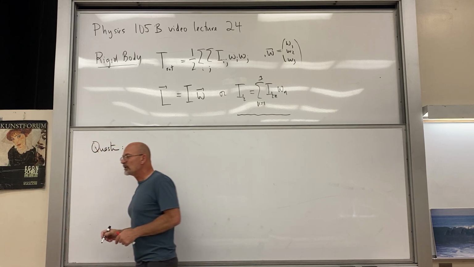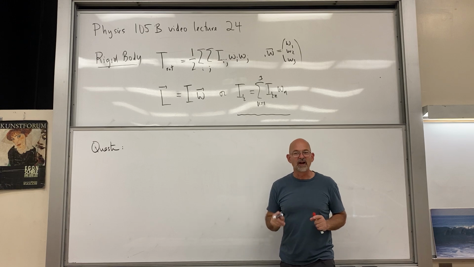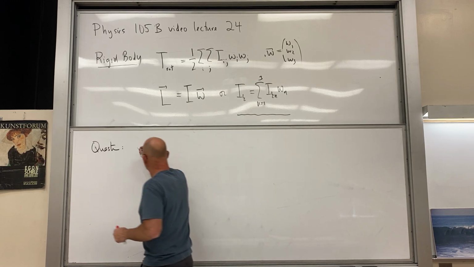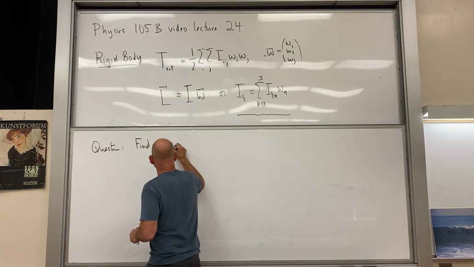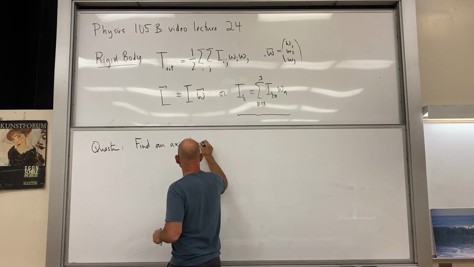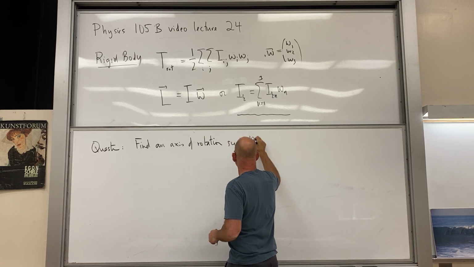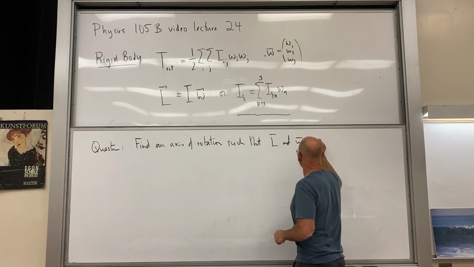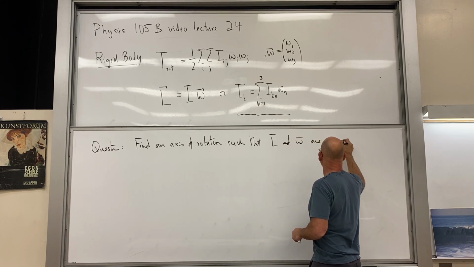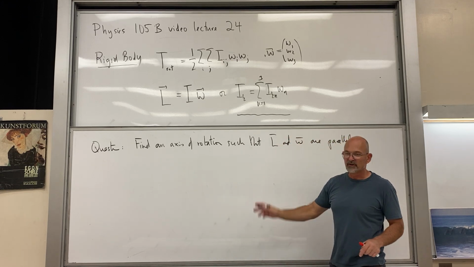The question is how to find an axis of rotation such that L and omega are parallel. That's what we're going to do. We just saw in general they're not.